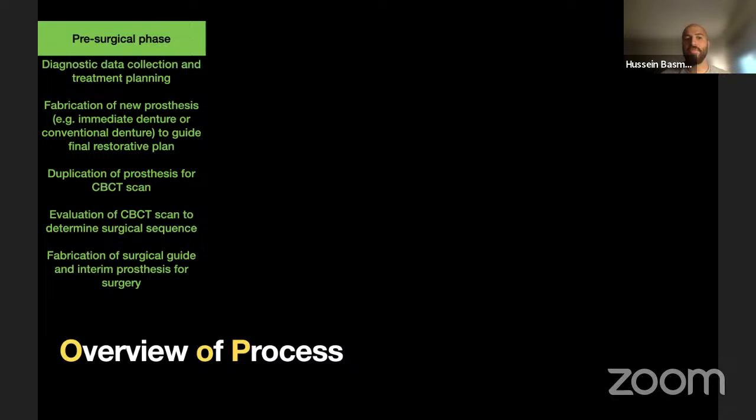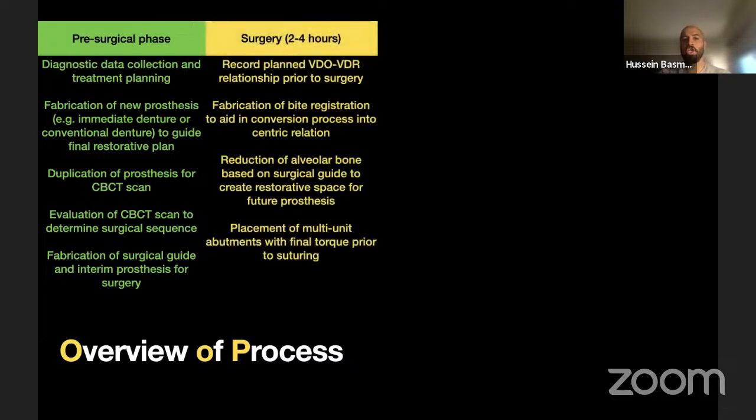That is going to be the reference for where the teeth are, and it's going to help in the evaluation of the CBCT, in understanding what space you have in that case. Based on that, we can fabricate a guide. It depends if you are going to go with a guided versus analog type of surgical or prosthetic steps. And then we end up with fabrication of this surgical guide that's going to be our guide during implant placement.